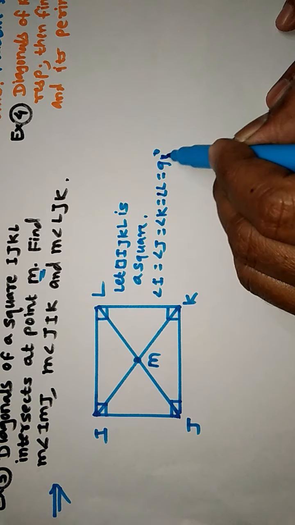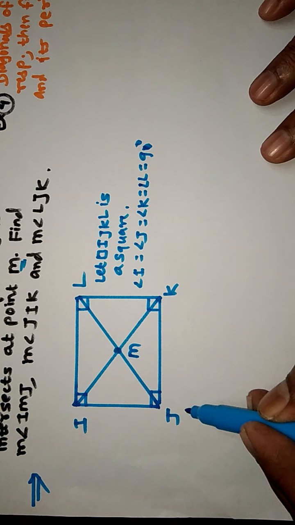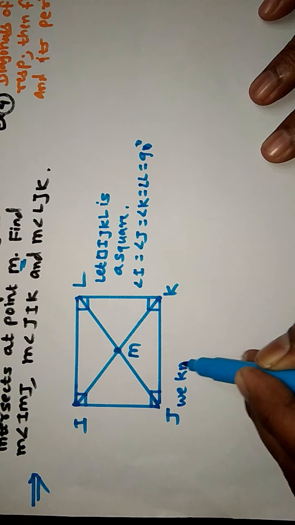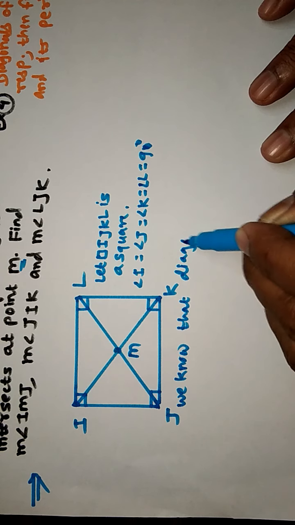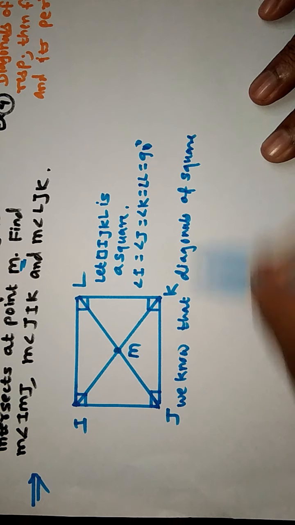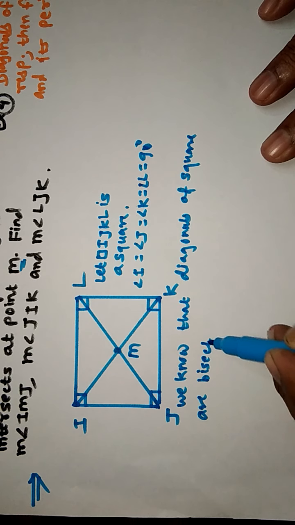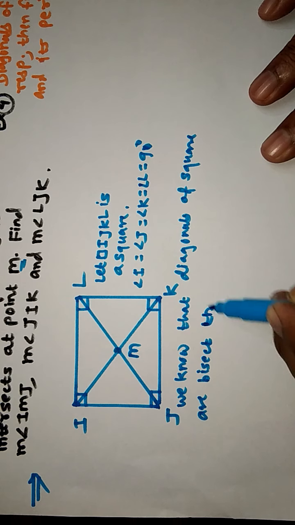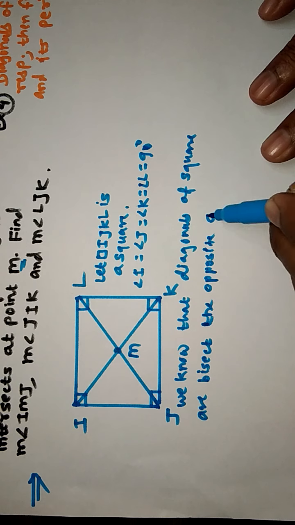Each angle is 90 degrees. Now we know the diagonal property. Diagonals of a square bisect the opposite angles.